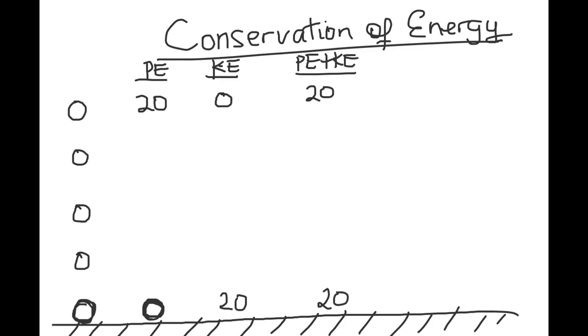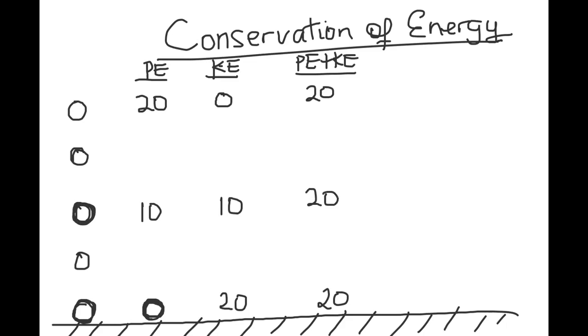Somewhere in the middle, halfway down, the ball will have potential energy of 10. So put 10 here, and kinetic energy has to be 10 as well. When we add the two, the answer has to be 20 joules.